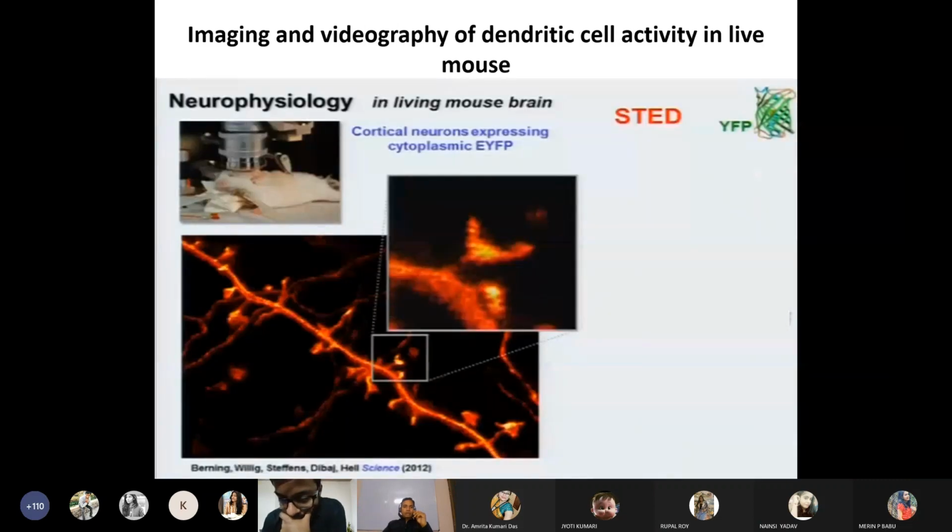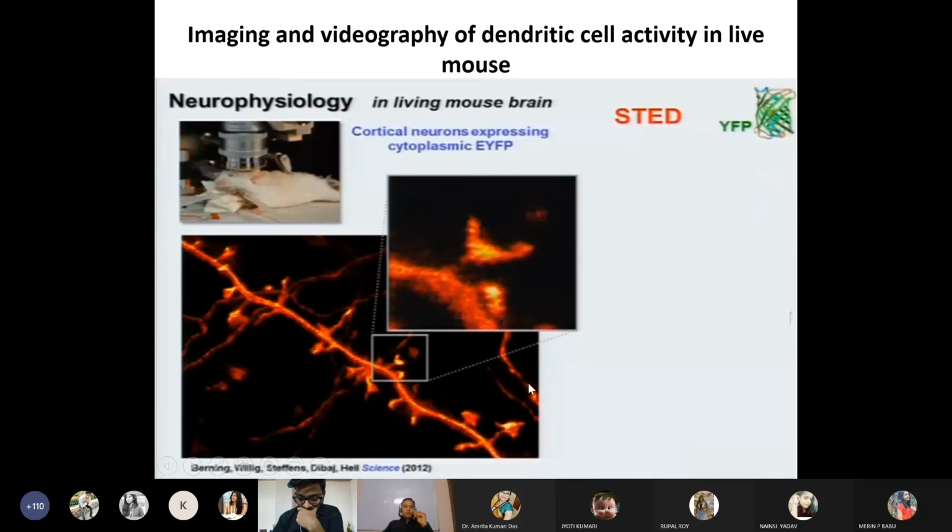The resolution is much better now. And what else? You can visualize the neurophysiology of a live mouse. Here, a mouse with an open skull, and obviously the neurons are emitting fluorescence because they are tagged with YFP.